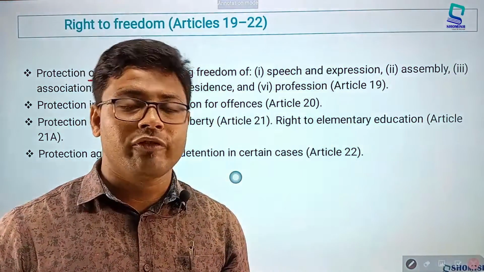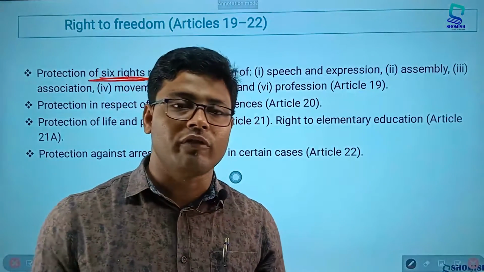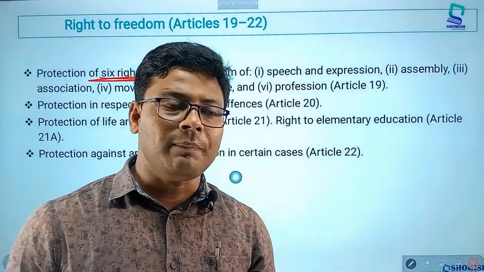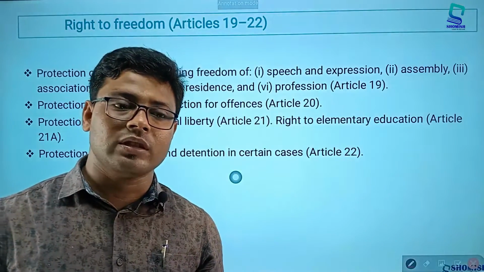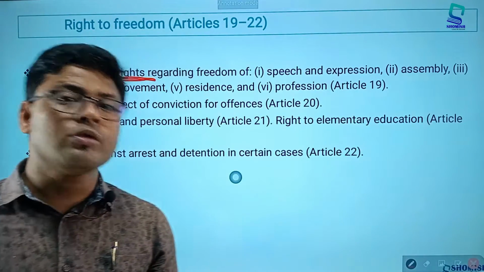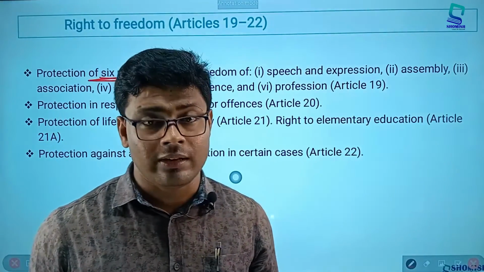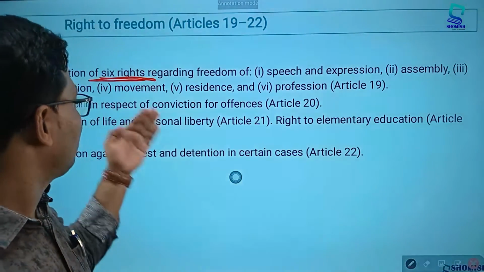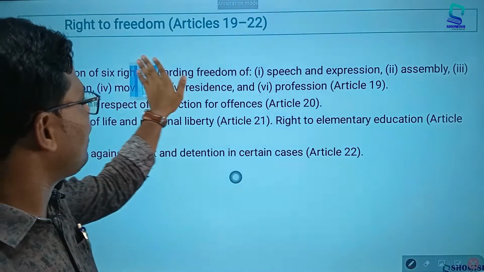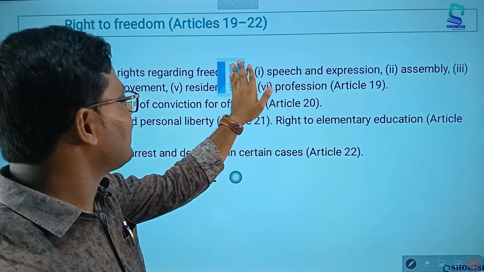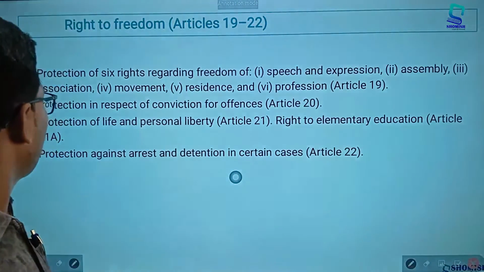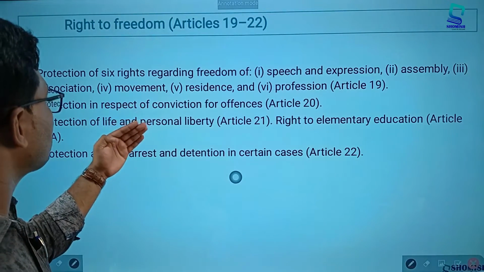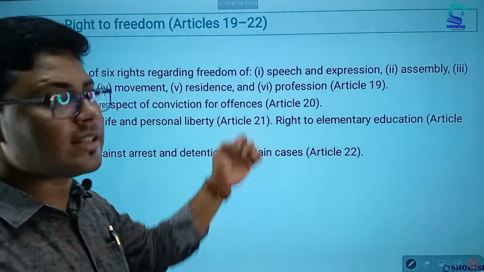If our freedom exceeds the sovereignty of our country, that is not good for us. The values of our constitution will be degraded. So this is the protection of 6 rights regarding freedoms, Article 19.